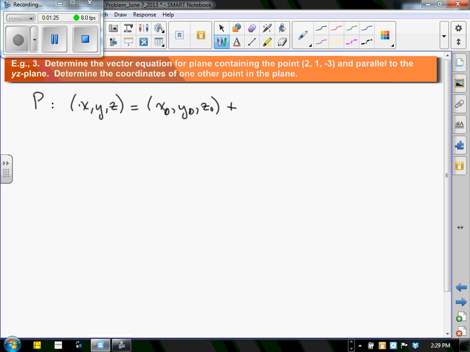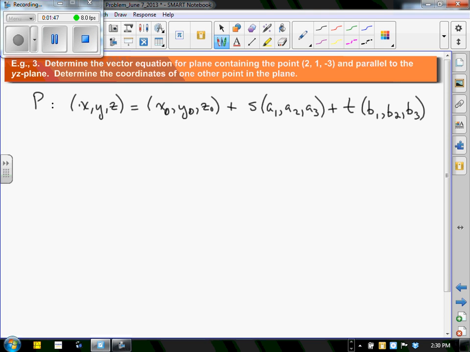Okay, so we'll use the parameter s to denote the scalar multiple of a1, a2, a3, and to that we're going to add a multiple of the vector b with components b1, b2, and b3.